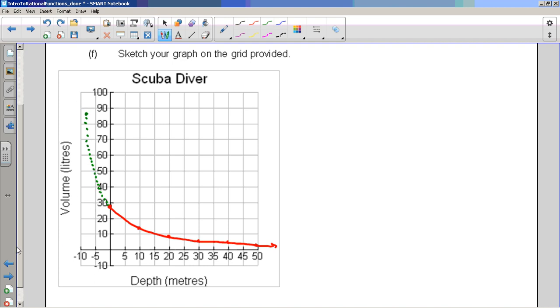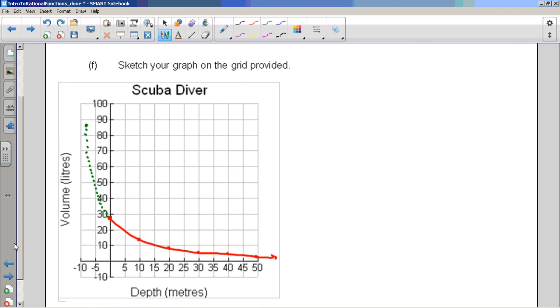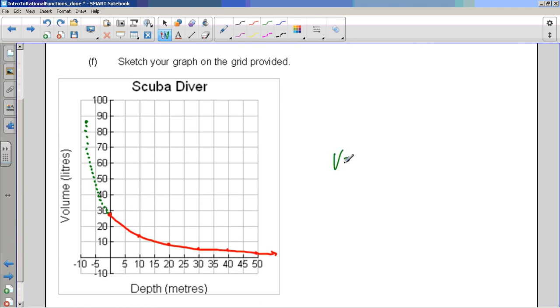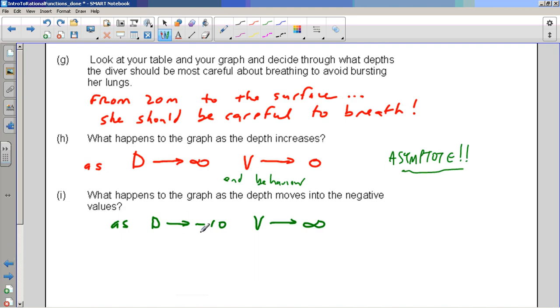And we know that the formula here, which was volume equals 280 over D plus 10, mathematically, if D is minus 10, on the bottom we're dividing by 0, which we can't do. There's a restriction. And we can see that as D goes closer to negative 10, V goes to positive infinity. Again, this is an asymptote, right? This time a vertical asymptote.